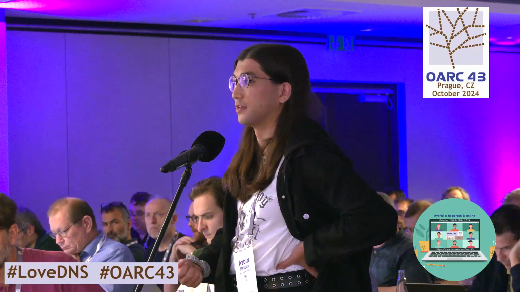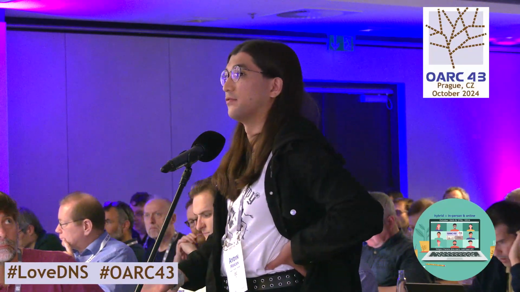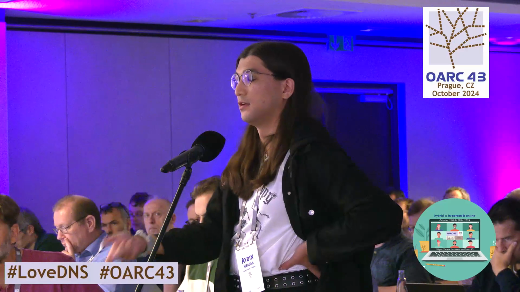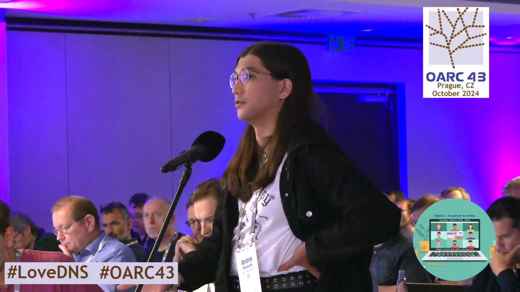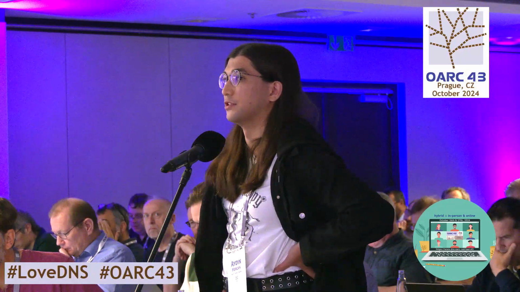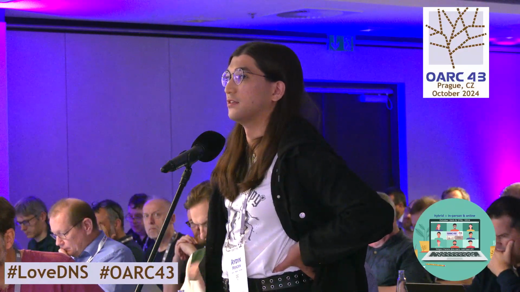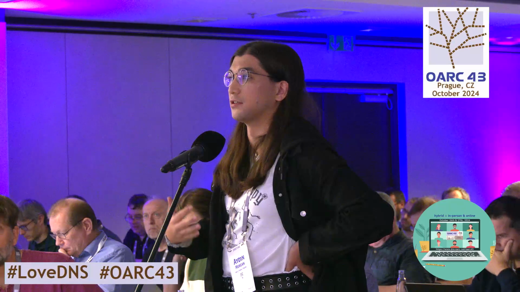So instead of getting a full path, you get an index and fetch the tiles yourself: I need this tile and this tile, and reconstruct it yourself. Do you think it would be feasible to do something like this in DNSSEC?